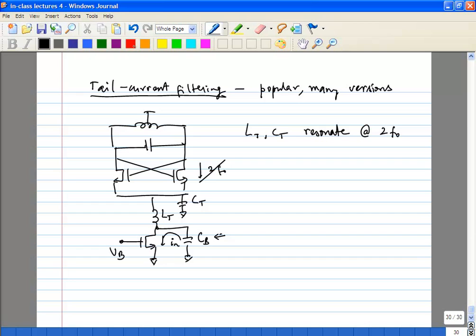Which means if you have noise at 2f0 from the devices, you cannot have a noise current flowing and folding down to create noise at f0 plus delta omega. Is that clear?